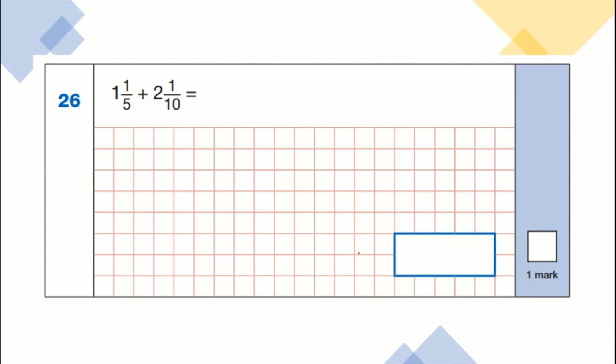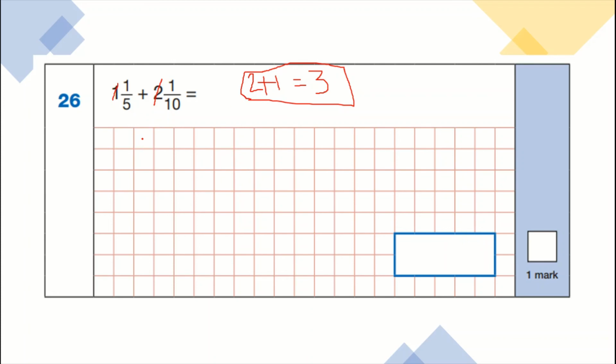Next question. Another fraction question. Now we've got 2 whole numbers and 2 fractions. So if these 2 and the 1, if we add them together, 2 plus 1 is 3, and if we remember that for later, it'll just make it easier when we're working it out.